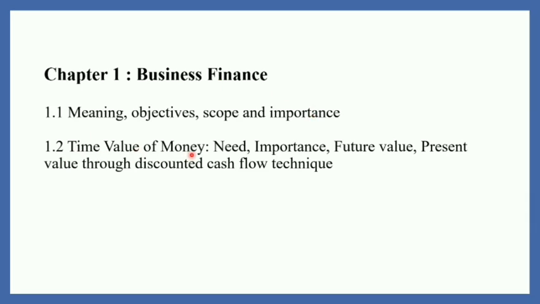In time value of money, we will see its need, importance, future value and present value through the discounted cash flow technique. So the first chapter, business finance, comprises two points: business finance and time value of money.